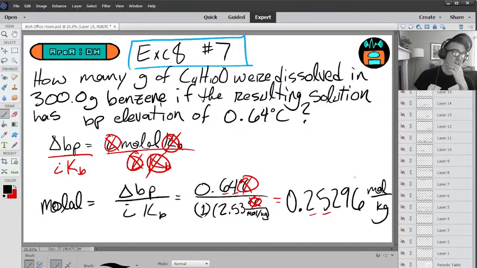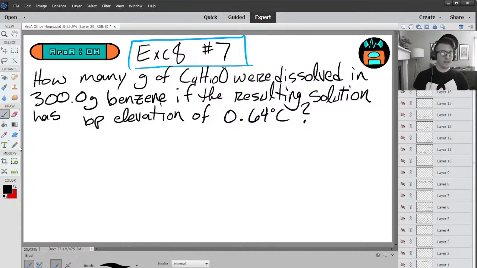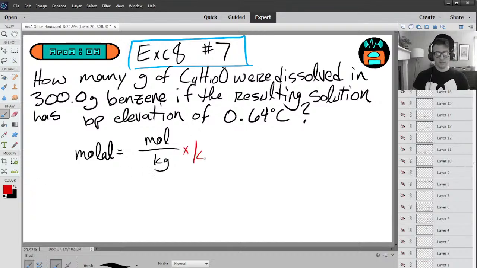All right, now we know our molality. And we can use that molality to find our moles, because molality is equal to moles over kilograms. To find the moles of solute, we need to multiply both sides of this equation by our mass of solvent in kilograms.